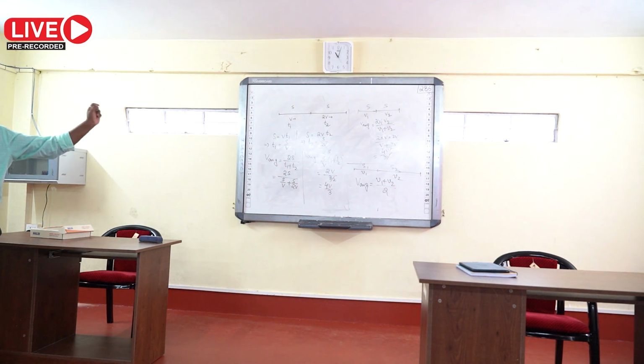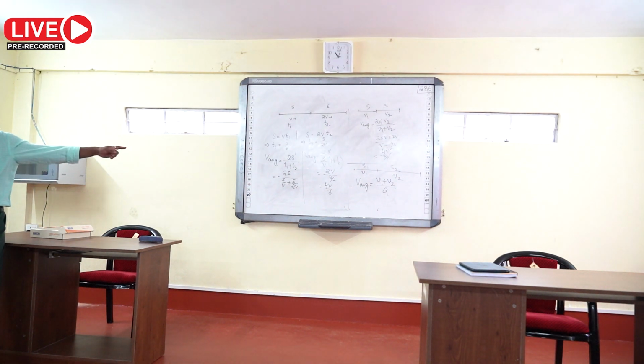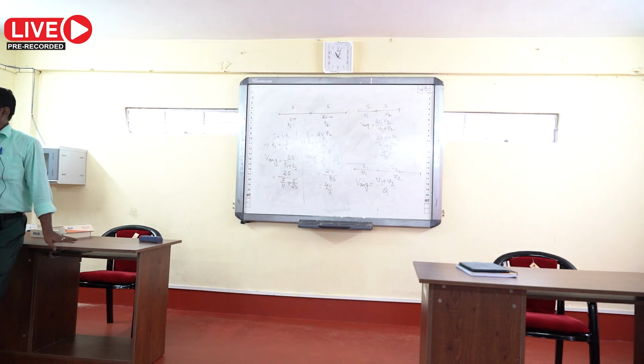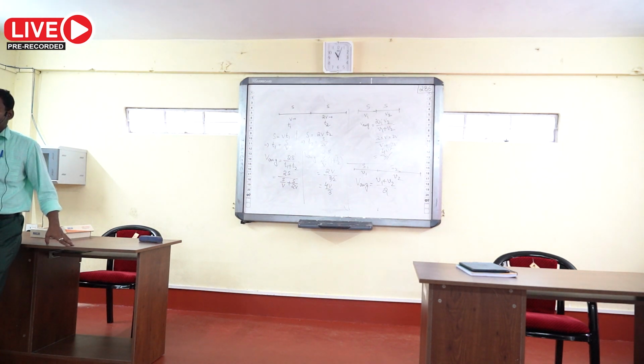Whenever this type of problem comes, directly use this formula. Just check whether distance traveled are given equal or the time of travel are given equal. And if you wish, you can derive this formula by the general technique. That is already given, I think, in your book or anything. Okay?